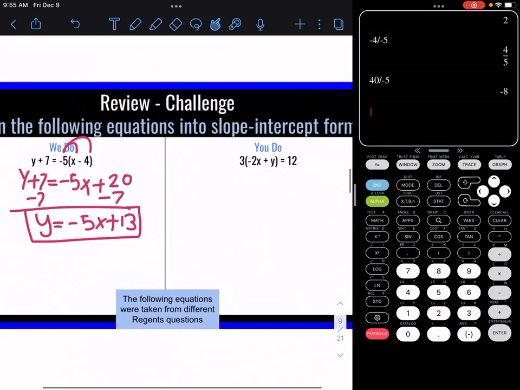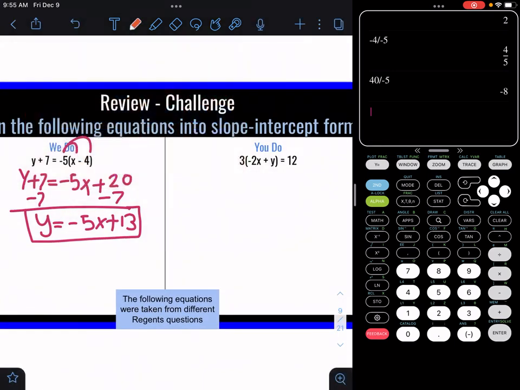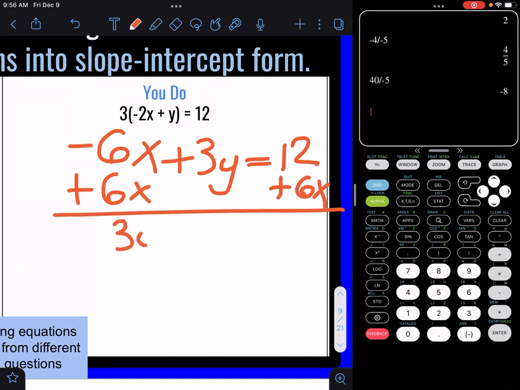And let's look at this other side. Again, do distributive property first. 3 times negative 2x is negative 6x. 3 times y is 3y equals 12. To get rid of that negative 6x, I will add 6x to both sides. So I'll get 3y equals, I'm going to leave this 6x alone first, and then plus 12.